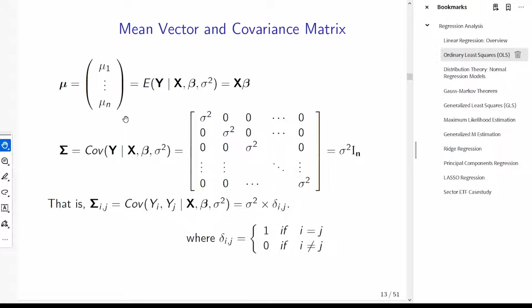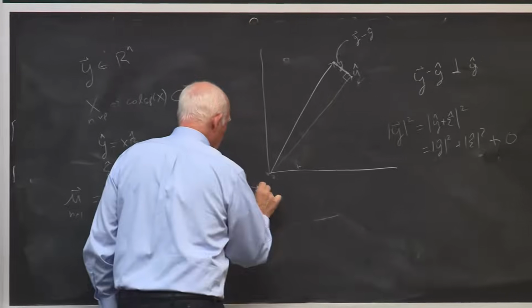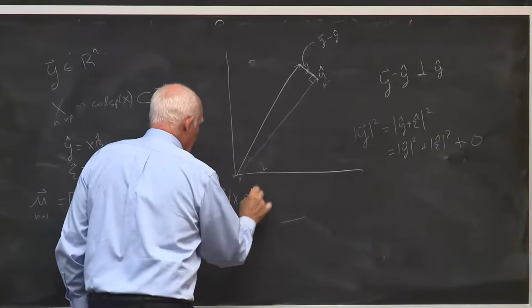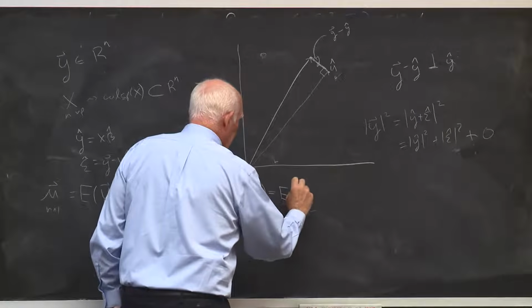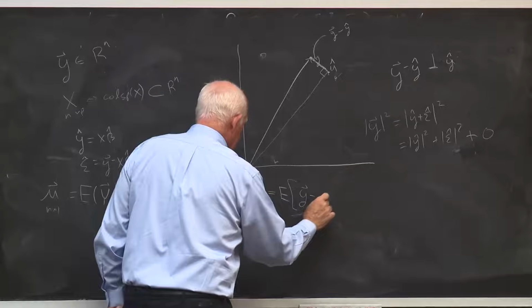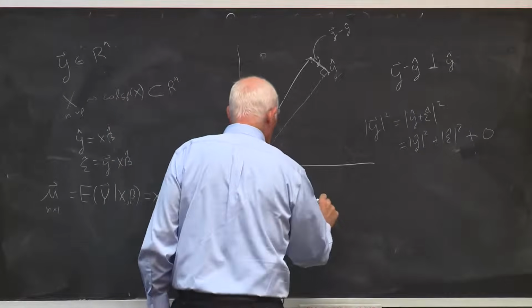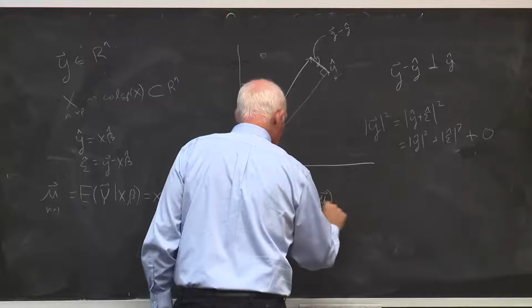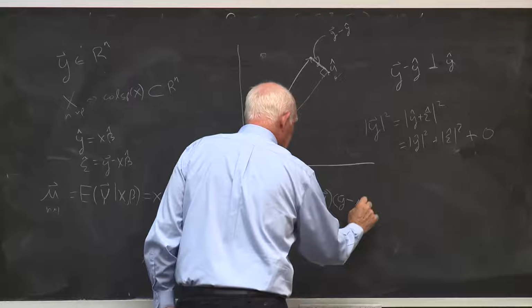And we'll define the covariance matrix of the y vector, or the conditional covariance. Okay, this is going to be equal to the product of y minus its mean times the transpose of y minus its mean.